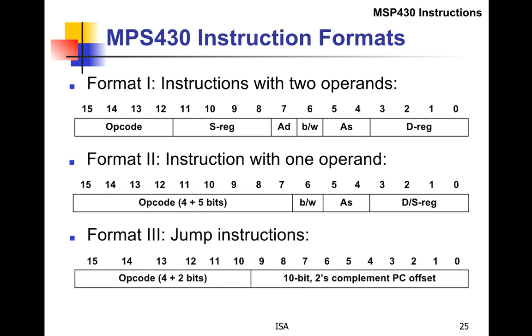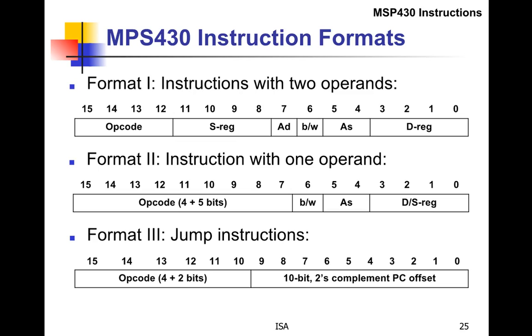Then format 3 are jump instructions. There are actually 6 bits of opcode for the jump instruction, and then we have a 10-bit PC offset. So you can jump as far as 10 bits will give you, from the present program counter. Now that's not the full range.